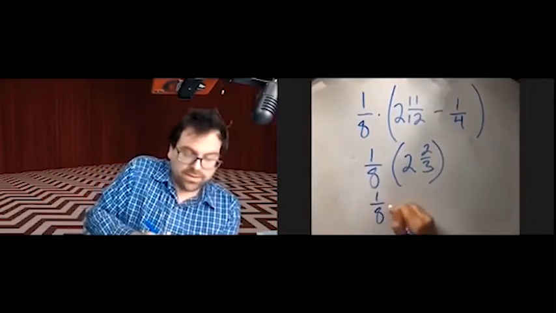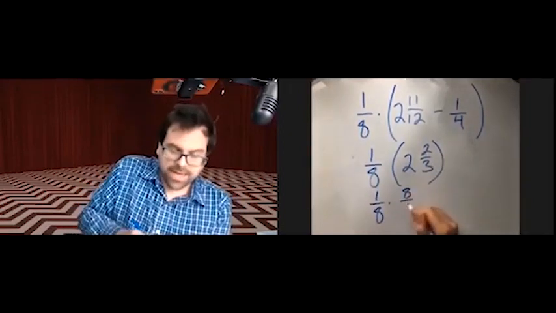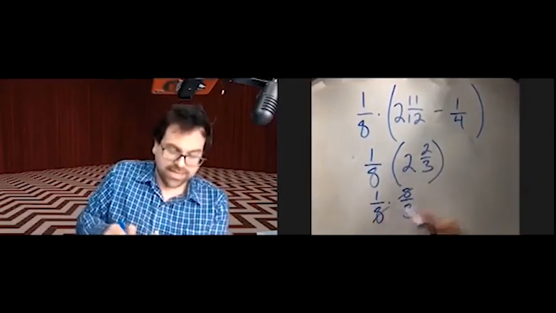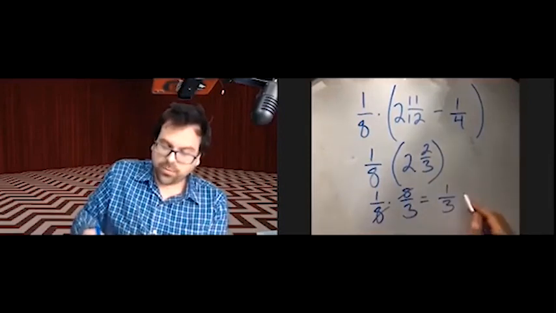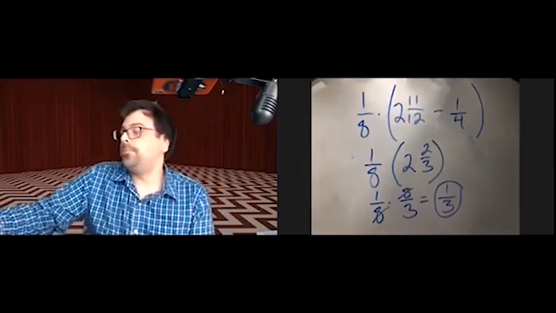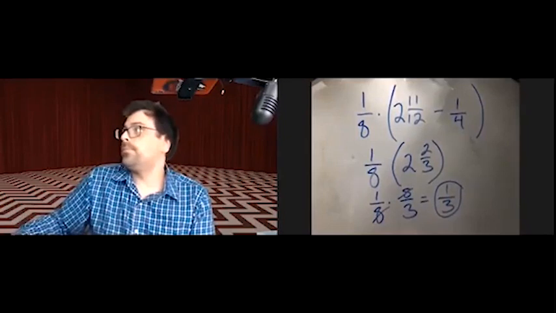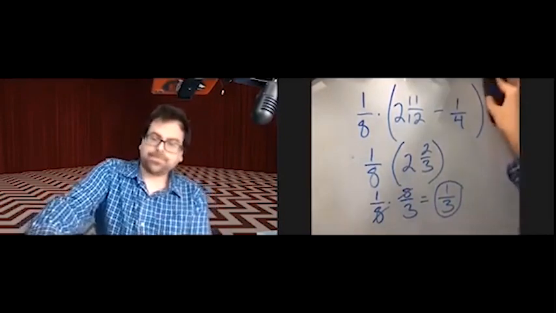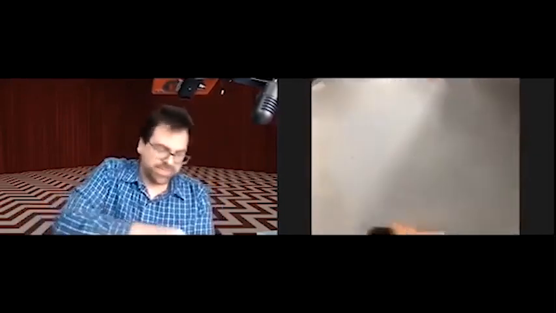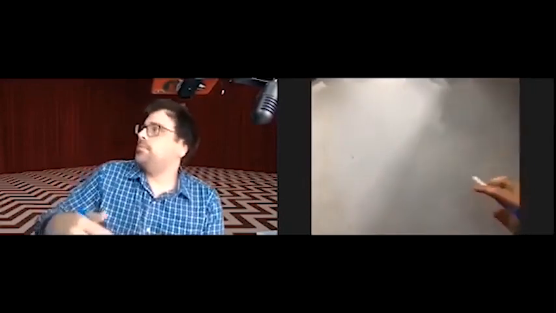So this is 1/8 times 3 times 2 is 6, plus 2 makes 8/3. 1/8 times 8/3, the 8's cancel, and we're left with a final answer of 1/3. That's the only one I'm going to throw a mixed number in. When you see a mixed number, though, treat it as you would in the context of a mixed number problem.